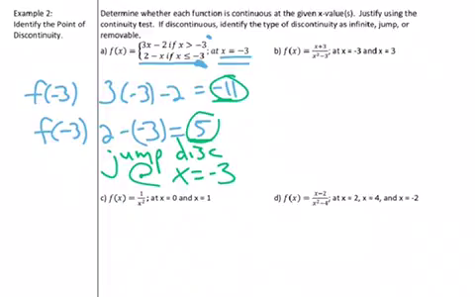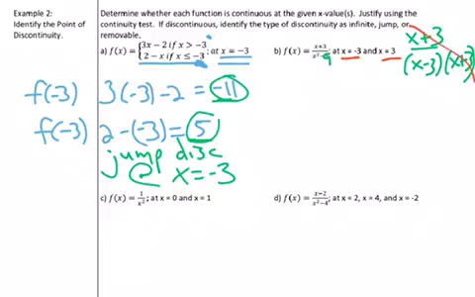Letter B. They asked us to test actually two values. So we're going to plug these in, but we do want to be aware of what's going on in our function. We see a rational function, so we see this x plus 3 over, and I want this to be x squared minus 9, please change it, x minus 3 by x plus 3. I changed the function for a reason. Because guess what?